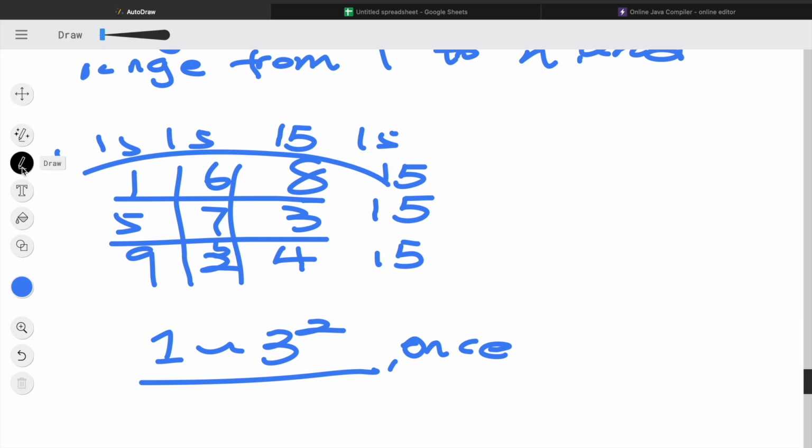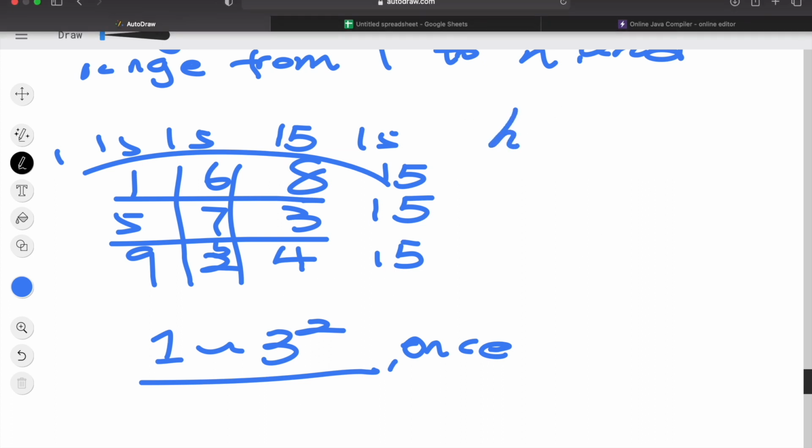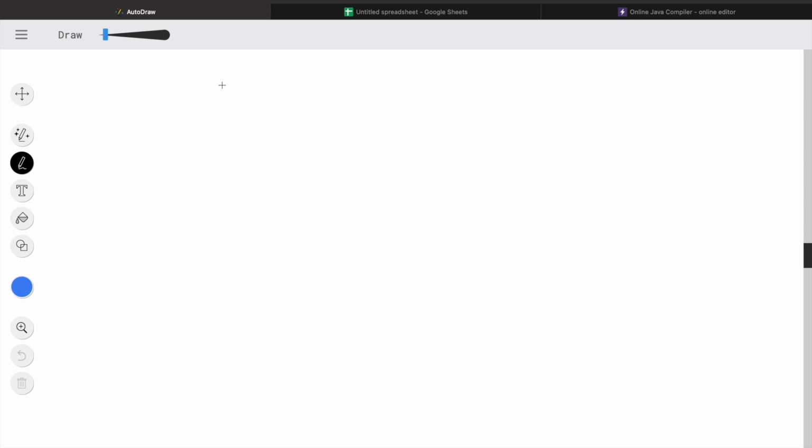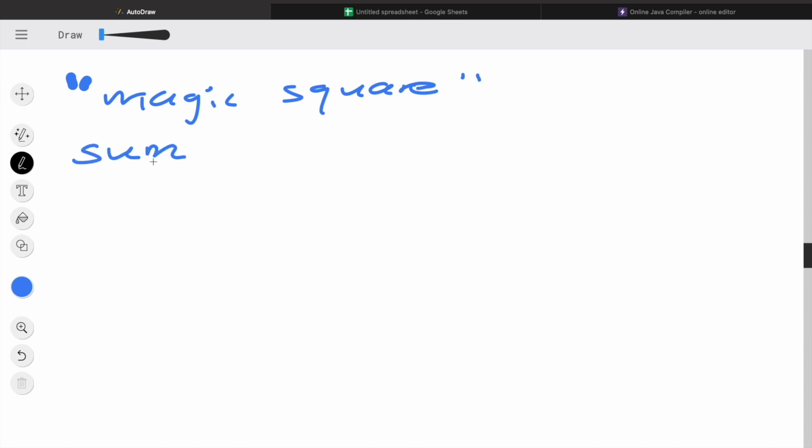Now we need to talk about how to calculate. We have discussed previously what a magic square is. Now we are going to determine how to calculate the sum of each line of the magic square.